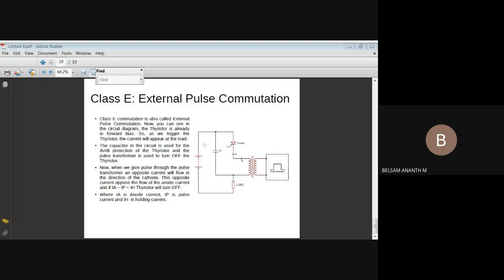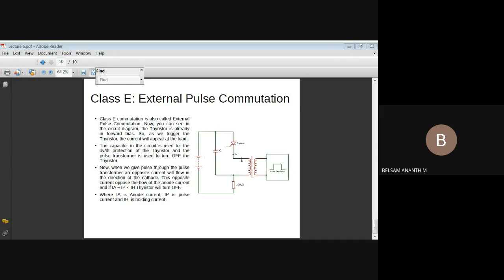That current flows in the opposite direction to my anode current. That combination will be lesser than the holding current of my thyristor, so that I can make the device turn off. This is called external pulse commutation. That means I give external pulses on the secondary side of my transformer to make the thyristor device turn off.